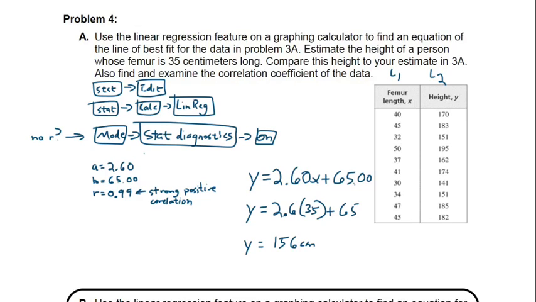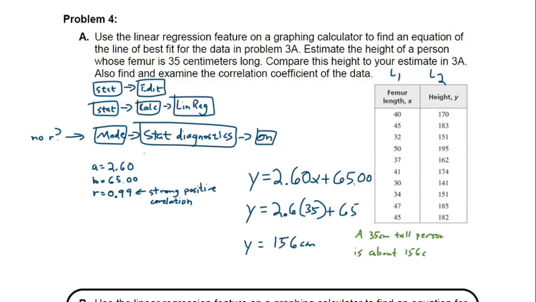Let's capitalize the first letter of a sentence. A 35 centimeter tall person is about 156 centimeters.